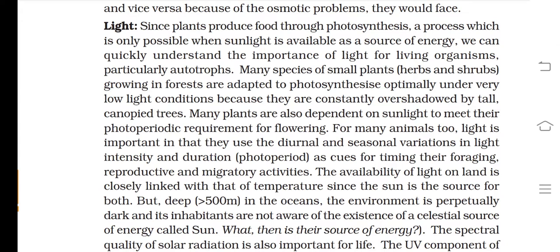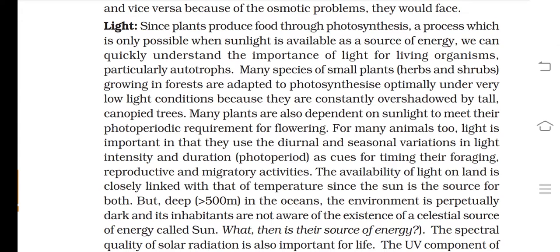It means without sunlight, food will not be formed. If food or energy is not formed, then how will consumers and decomposers get food or energy? So light is a very important factor, particularly for autotrophic organisms.